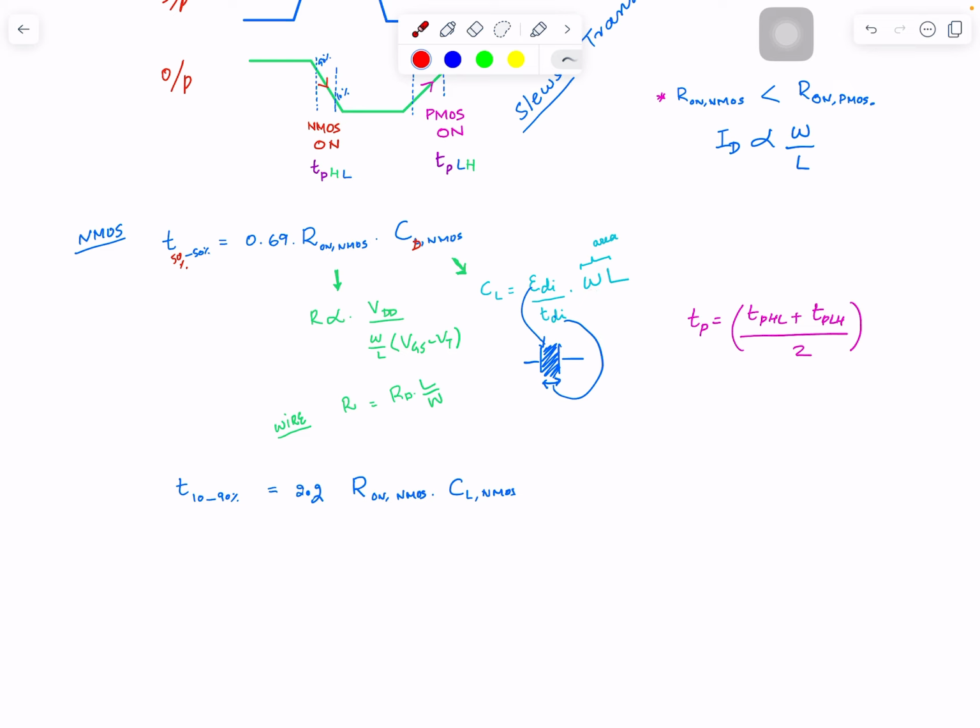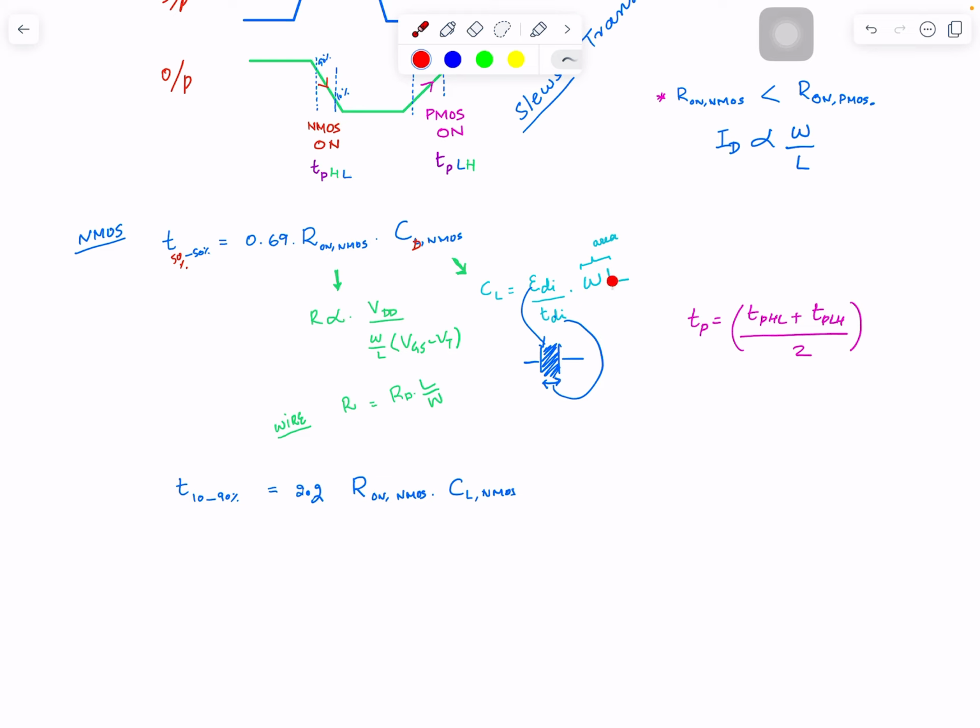If you make your width wider, it's good for resistance, a wider width will give you low resistance, but it will also give you high capacitance. So you need to see different variants. That's why you need a standard library, so that the tool can pick different cells to adjust the delay appropriately.